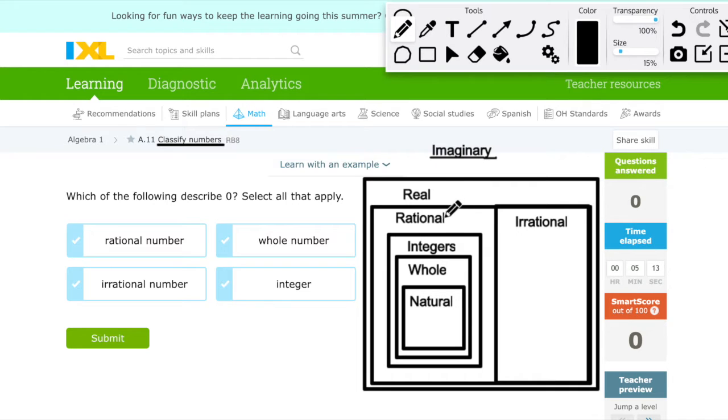Underneath that, it's broken into rational and irrational. Rational is essentially anything that can be expressed as a ratio or like a fraction, some number as a numerator and something as a denominator. Even if it's not shown as a ratio, if it could be represented as a ratio, it's still rational.